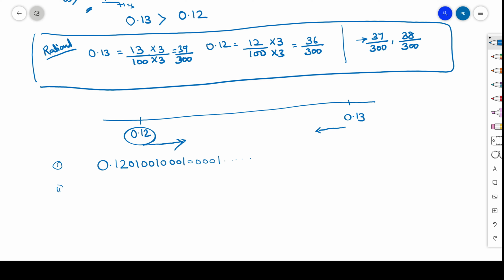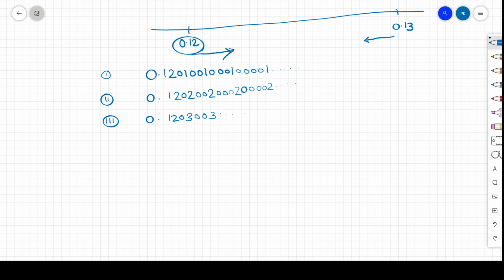The second number can be 0.1202 002 0002 00002 and so on. The third number can be, and this is not part of the question but still we need to see, 0.1203 003 and so on and so forth. So you understood how to find irrational numbers between two rational numbers.